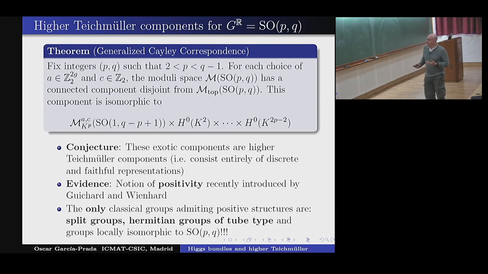But the fact is that if you look at the groups that admit this notion of positivity, you find split groups, Hermitian groups of tube type, and then there is SO(p,q), right? And so these are the only classical groups admitting positive structures, or coverings of them, I mean, groups locally isomorphic to SO(p,q).